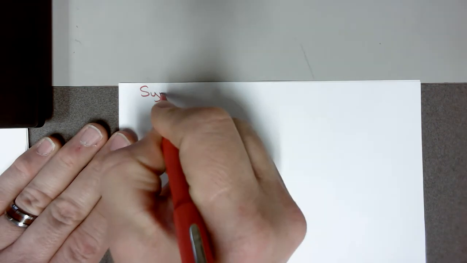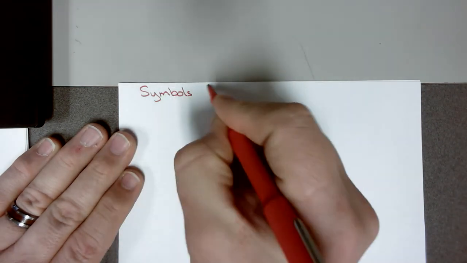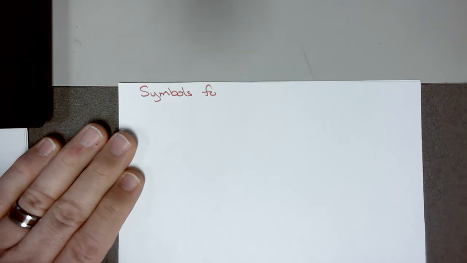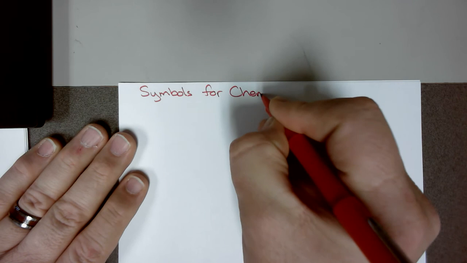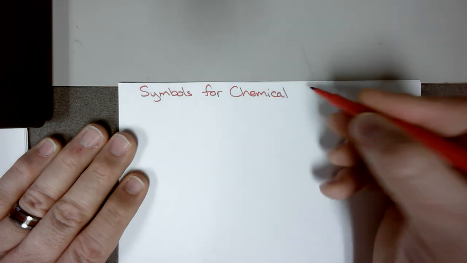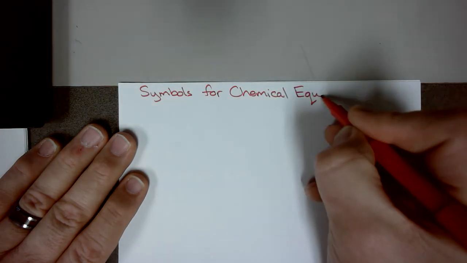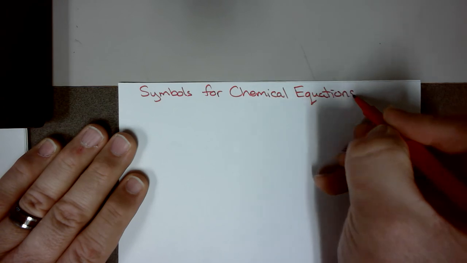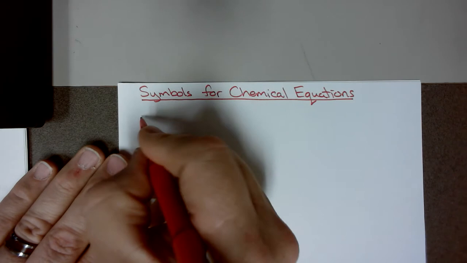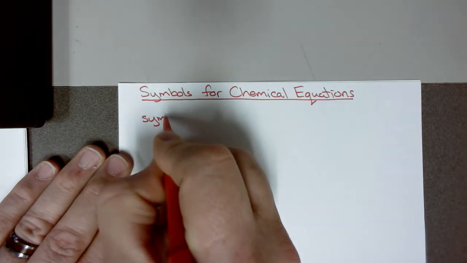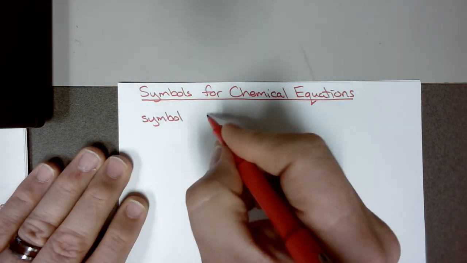So symbols for chemical equations. So what we'll do here is we'll write the symbol here and the meaning over here.